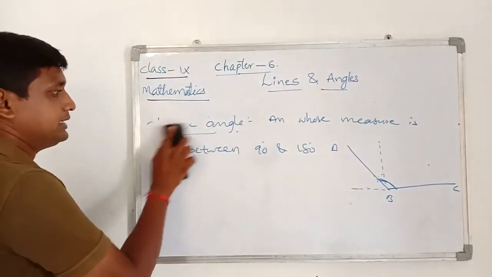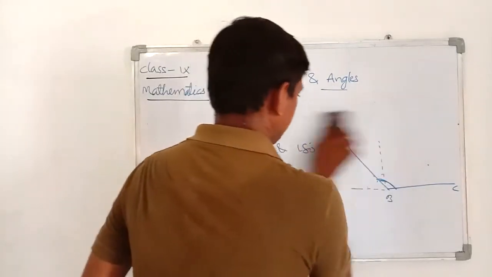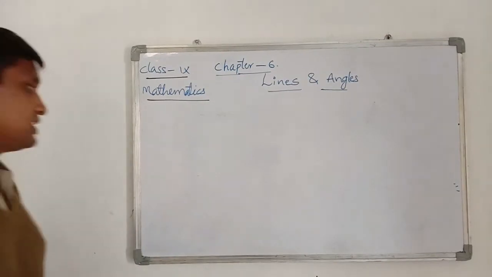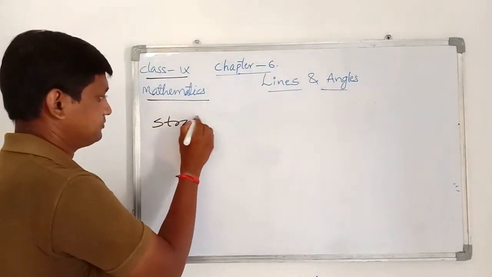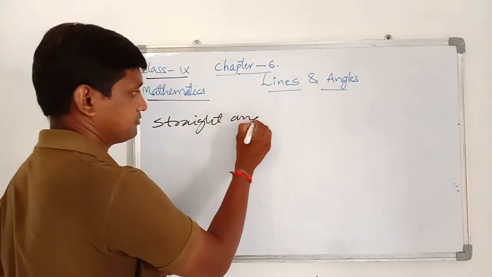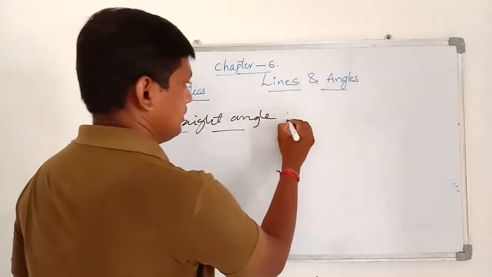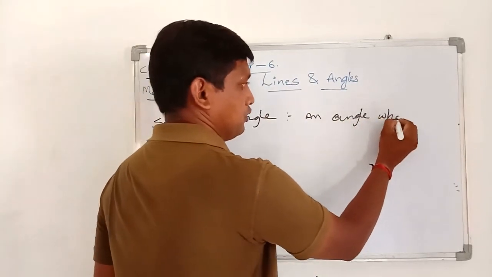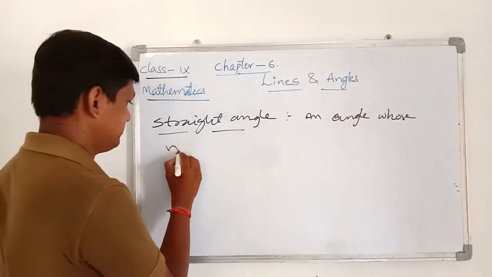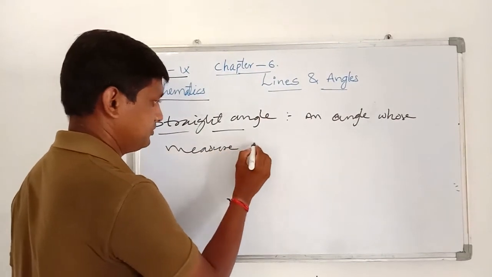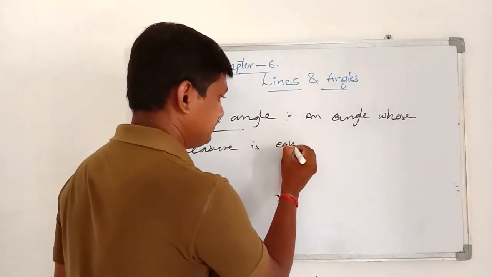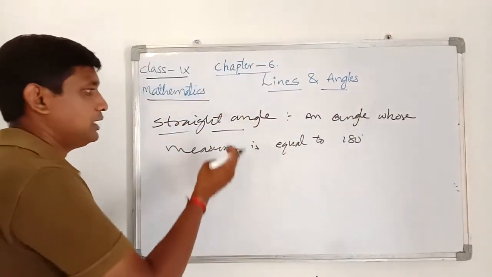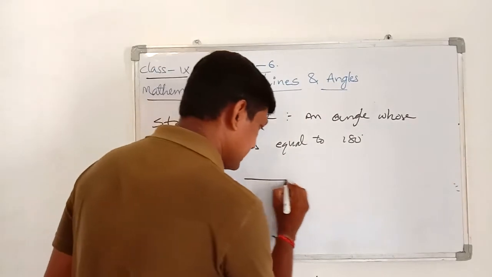The next is straight angle or a straight line. You already know about the straight line. An angle whose measure is exactly equal to 180 degrees is called a straight angle, or we say it as a straight line.